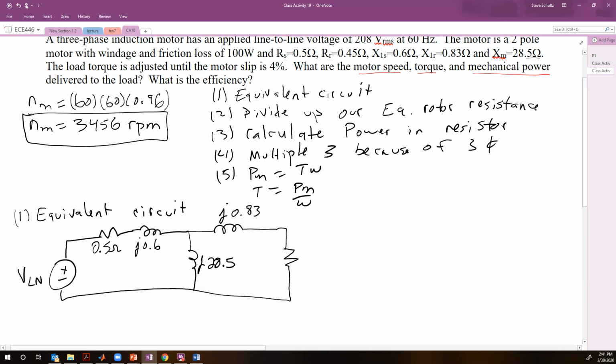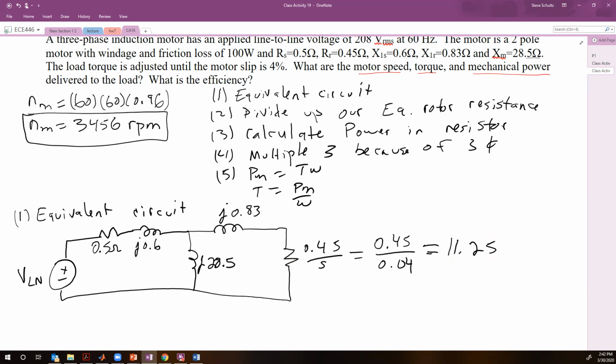And then this is going to be equal to our rotor resistance, which is 0.45 divided by S, which in our case is 0.45 divided by 0.04, which is equal to 11.25 ohms.